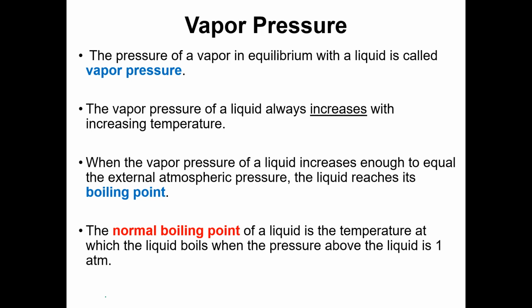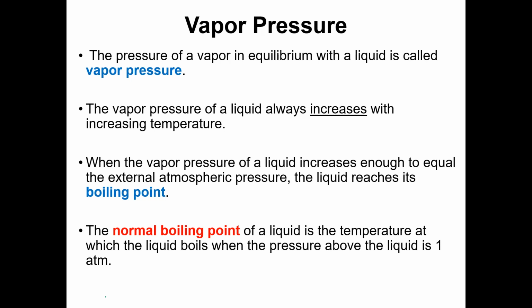The normal boiling point is defined as the temperature at which a liquid will boil at 1 atm. So if you are at a different atmospheric pressure, if you're above sea level or below sea level, you'll find that the boiling point is slightly different because you have a slightly different atmospheric pressure.